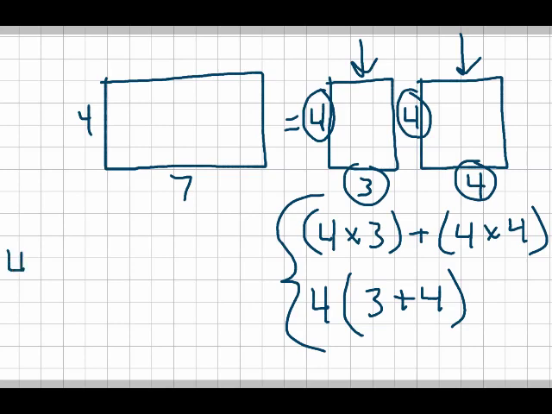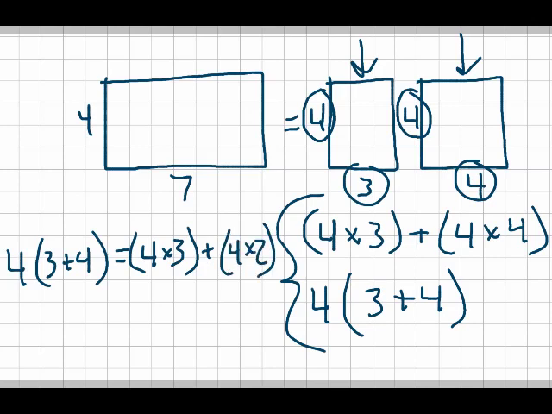If I have 4 times 3 plus 4, that can equal 4 times 3 plus 4 times 4, right? And if you do the math, that works out. By order of operations, you do this first, that'd be 7. This would be 4 times 7, and as we said before, this would be 12 and 16. And it works out to 28 per side.